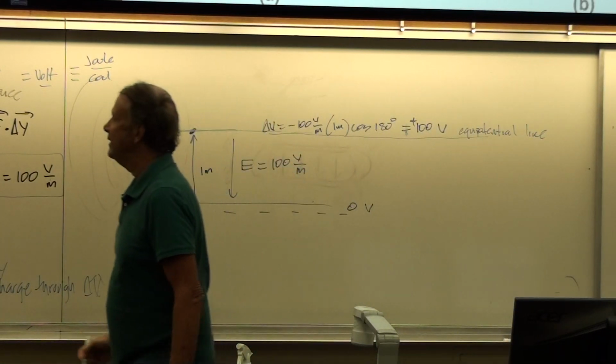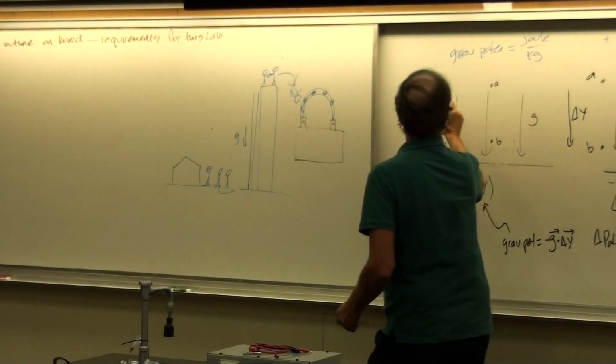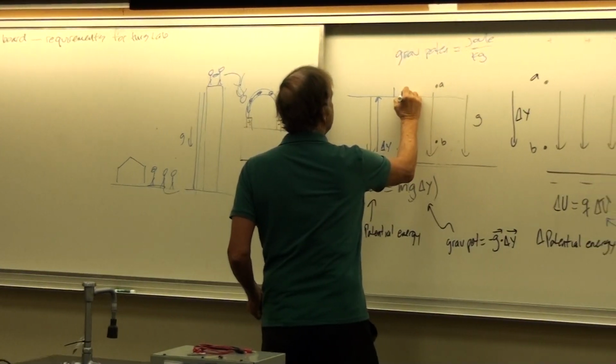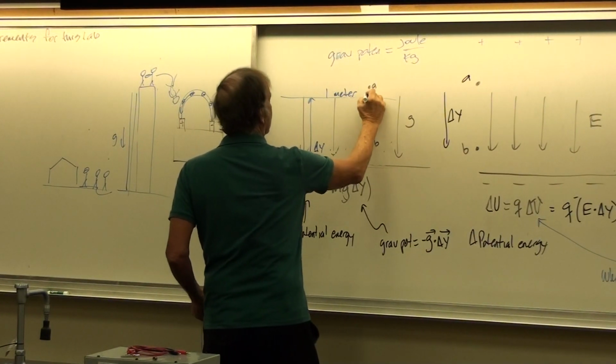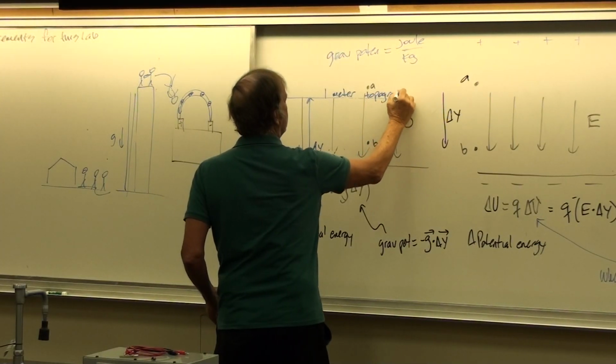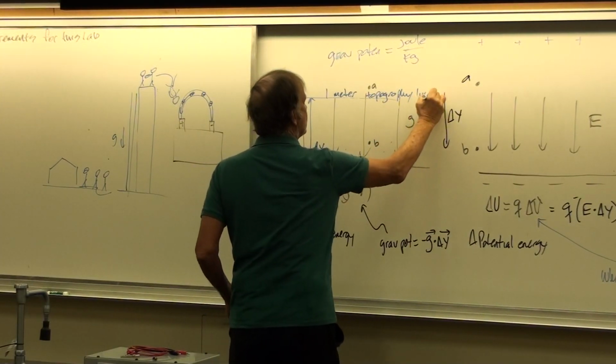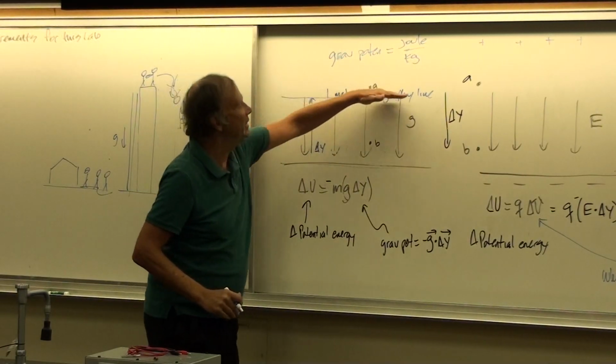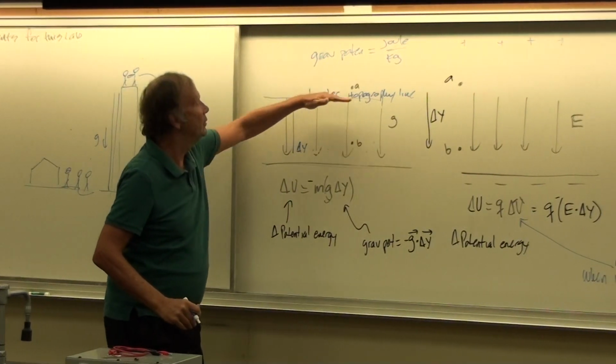And this would be analogous then here to our 1 meter topography line. Okay, so this would be an equipotential and gravitational potential energy.